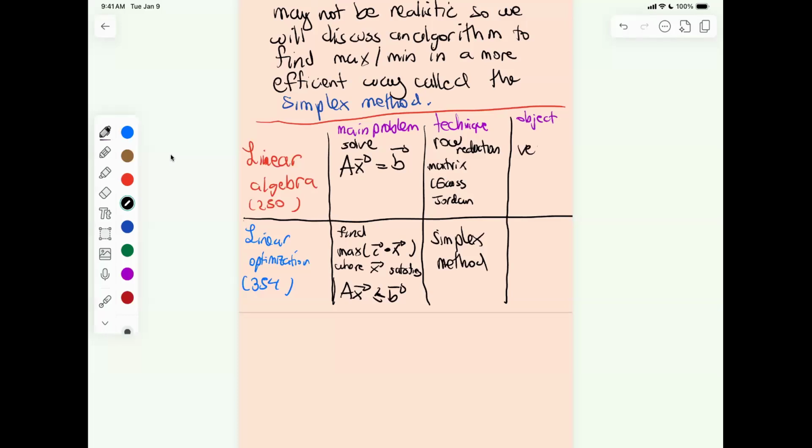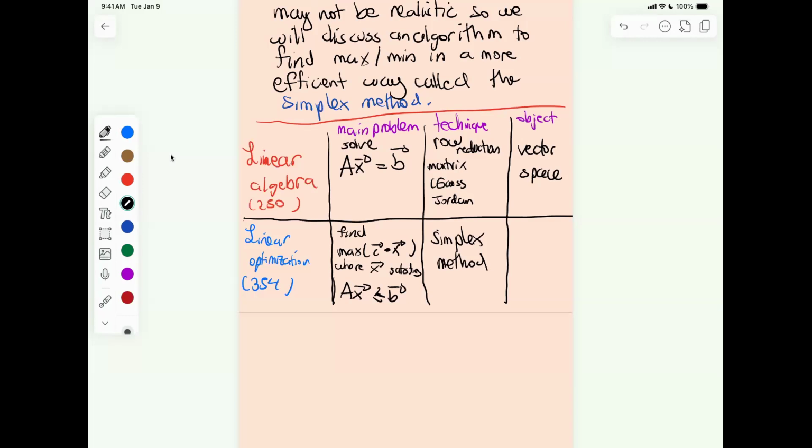For example, I don't know if you remember this, but this has a solution if the vector b belongs to the column space of the matrix A. Once you have the language of vector spaces, there are many things about systems of equations that can be specified in terms of the vector space. So the most important object you're studying in linear algebra is vector spaces.